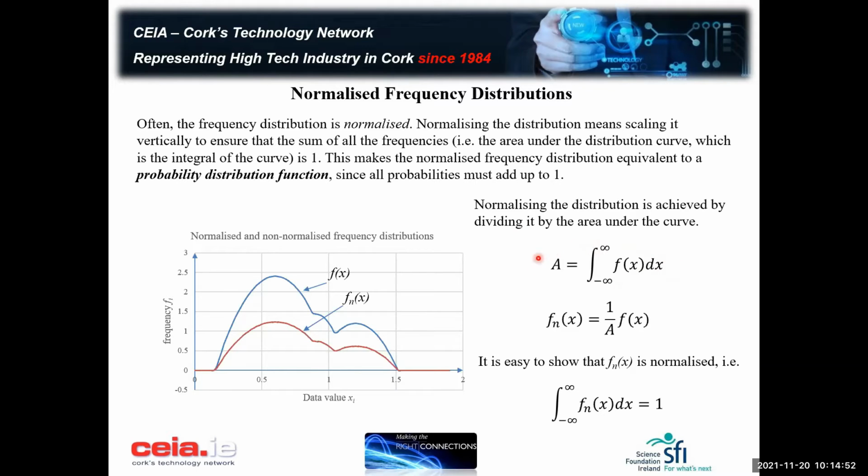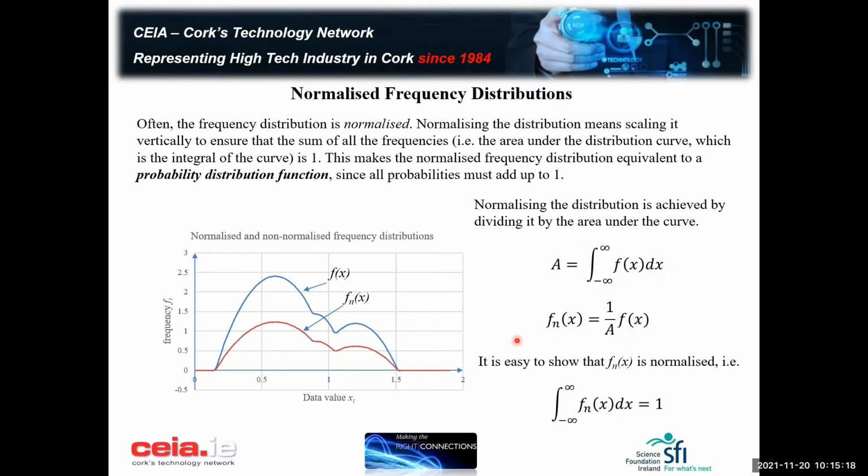Formally, this is the way you do it. You work out the area A of your non-normalized curve and divide every point in that curve by this area A to produce your normalized frequency distribution, which then satisfies the criterion that the integral over all x of this normalized distribution is 1.